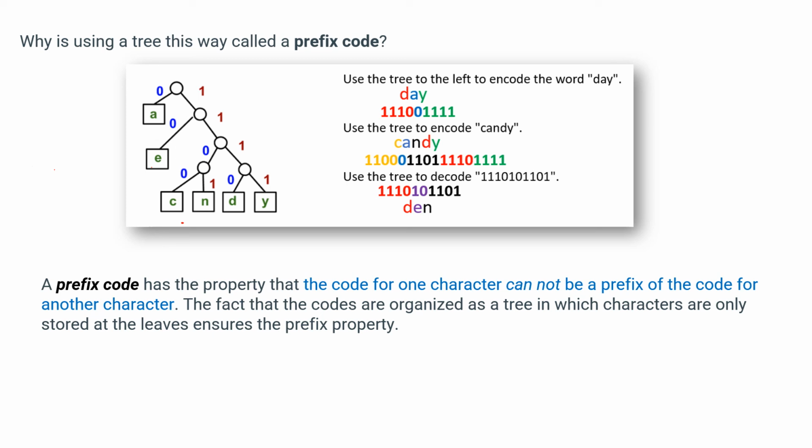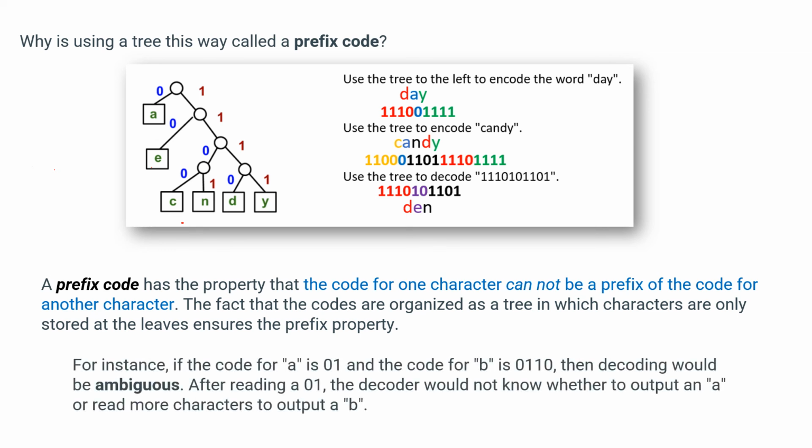So a prefix code has the property that the code for one character cannot be a prefix of the code for another. The fact that the codes are organized as a tree in which characters are only stored at the leaves ensures that this is true. Okay, so that's why it's called a prefix code. In a sense, it's called a prefix code because no letter's code is a prefix of any other letter.